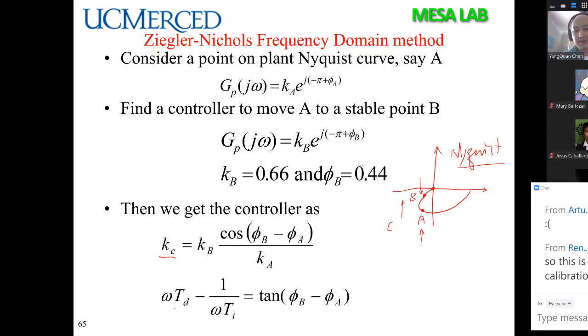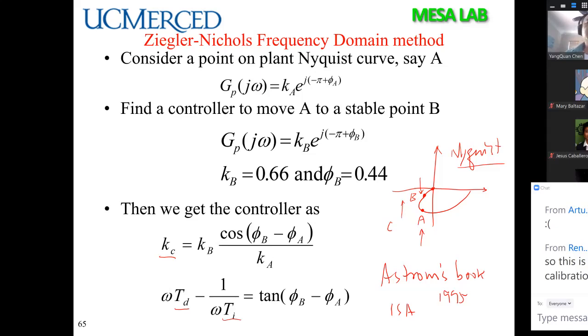And also you can compute what's your TD and TI. This is in Astrom's book, 1995, very famous, published by ISA Press. Okay. So they say Ziegler-Nichols also can be interpreted in the frequency domain approach.